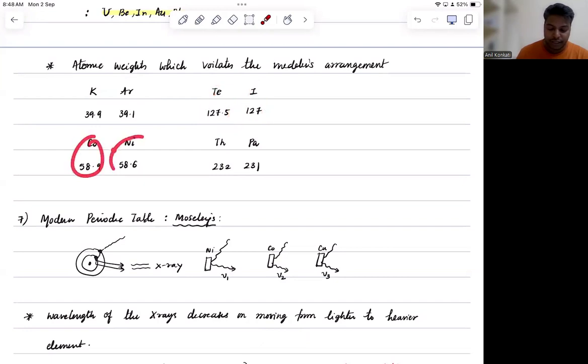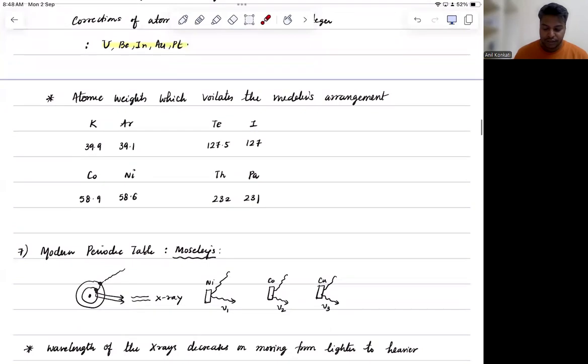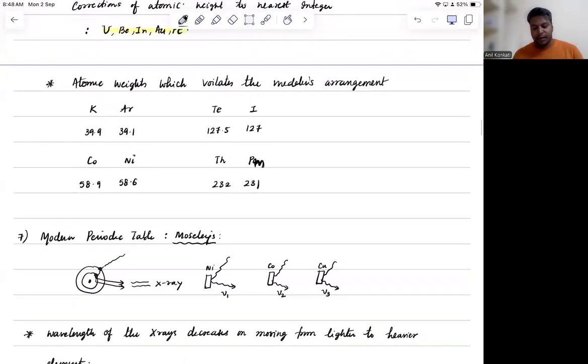Next cobalt and nickel, if you notice, same thing, their masses are extremely close by. And thorium and protactinium are also very close by. So these are the values which you will notice.